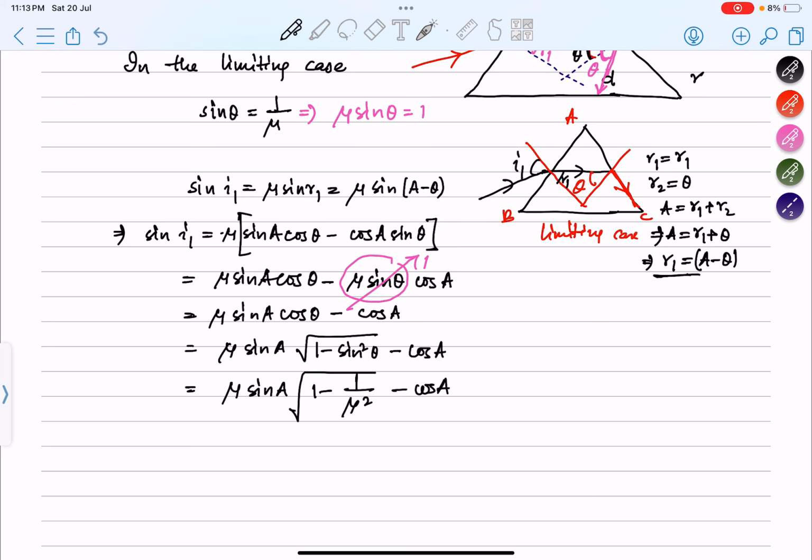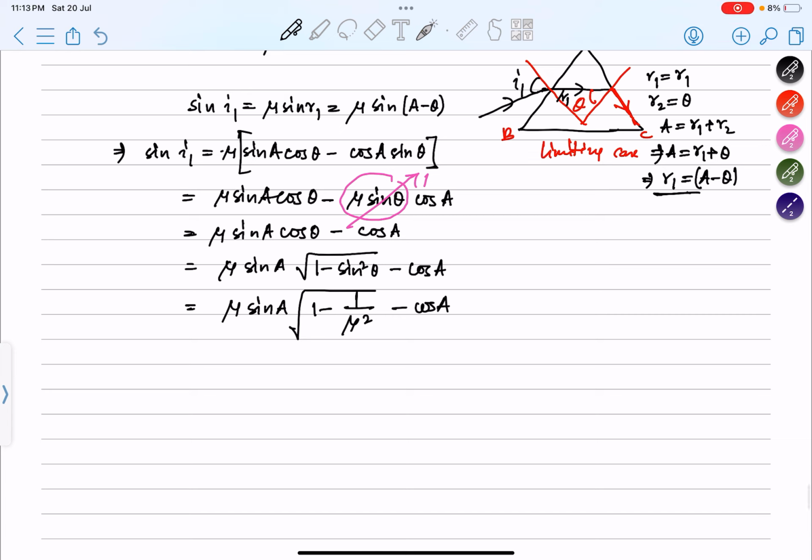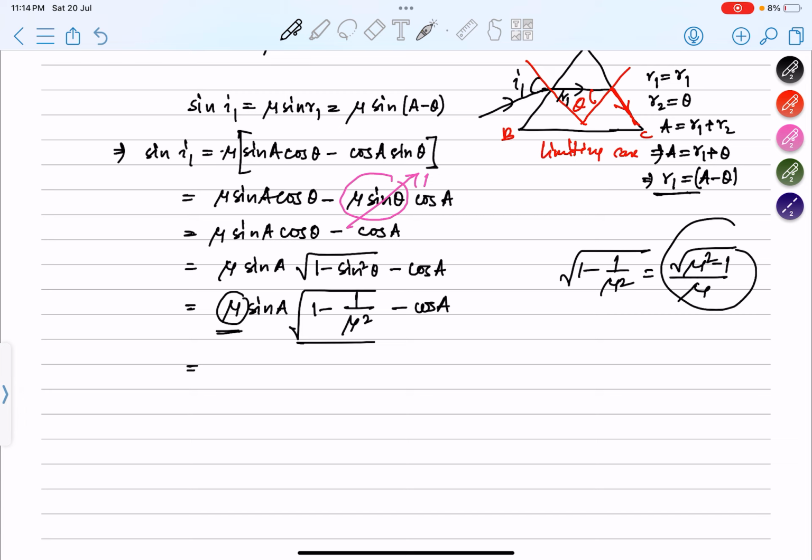If you solve this part, root over 1 minus 1 by mu square will be equal to root over mu square minus 1 divided by mu. If you multiply mu with this part, mu will cancel out, and that will be root over mu square minus 1 sine A minus cos A.